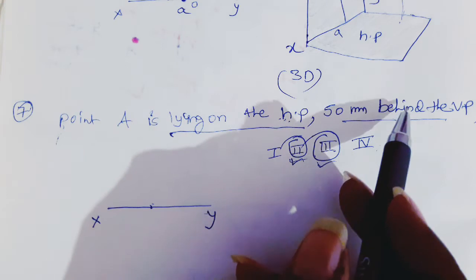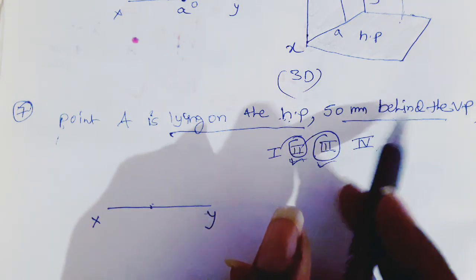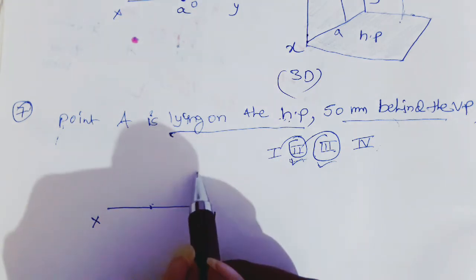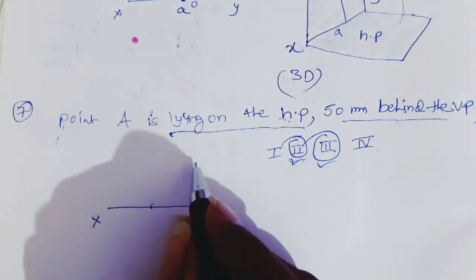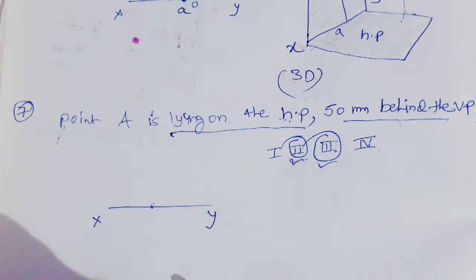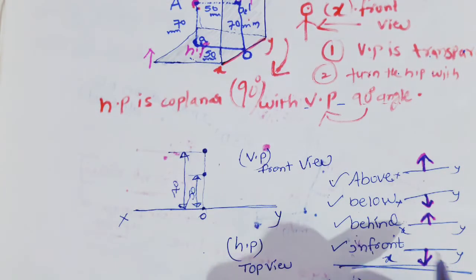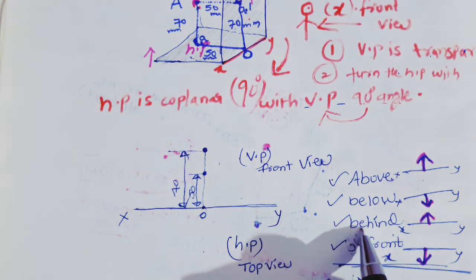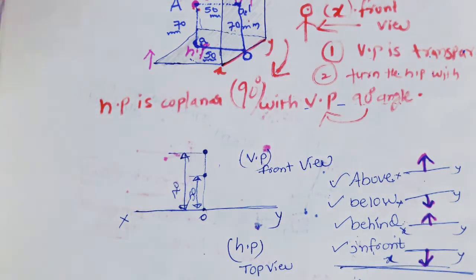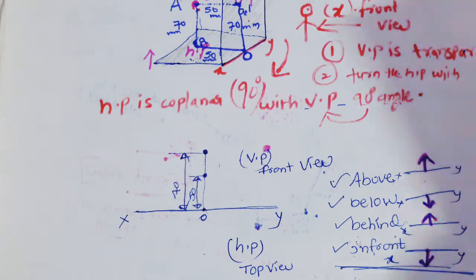Next, behind the VP, where do I need to show the position of a point, above or below the XY line? Behind, what is the given condition? Above, this one. Behind means I have to represent the position of a point or a line or a plane above the XY reference line.